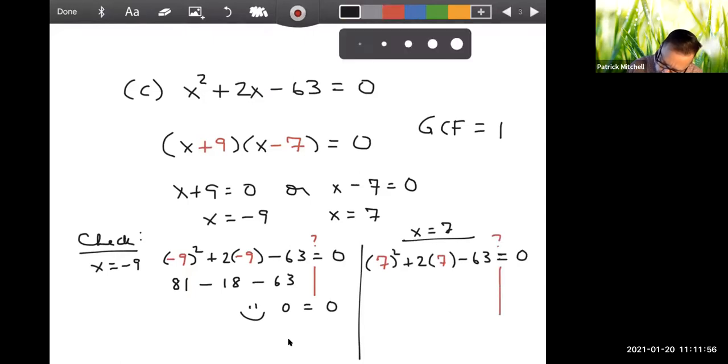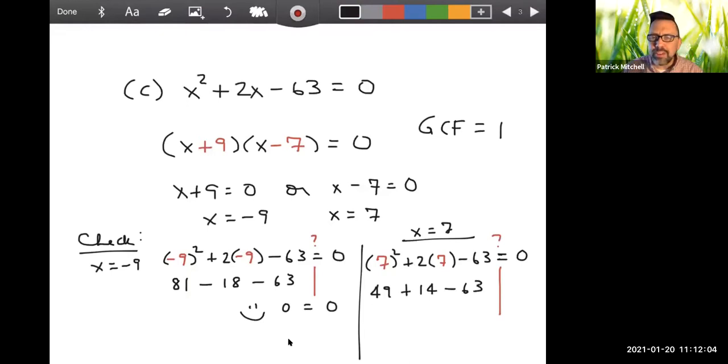Well, I think so. 7 squared is 49. 2 times 7 is 14. 49 plus 14 minus 63 does come out to 0. Woohoo! So the two solutions of this equation are -9 and 7. All right, so far so good. 3 down, 3 to go.